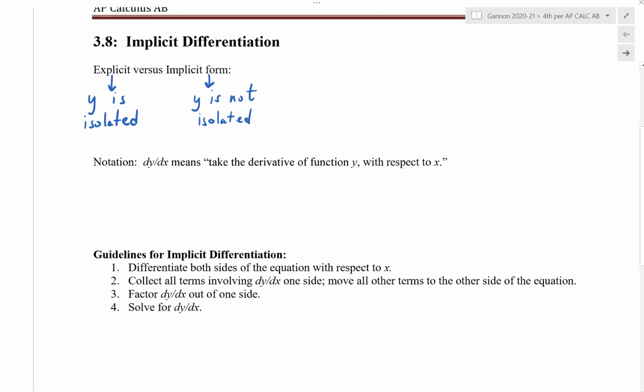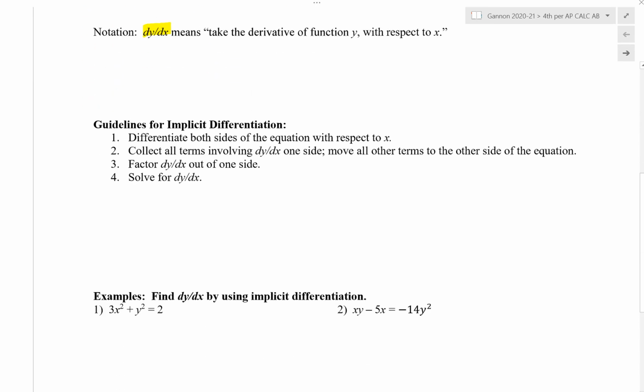Now, there are some notation things to be aware of. We have the notation dy dx, which means take the derivative of the function y with respect to x. As we go through this, there are some basic guidelines to follow. When we take the derivative implicitly, the first step is to differentiate both sides of the equation with respect to x, and we'll talk about what that means.